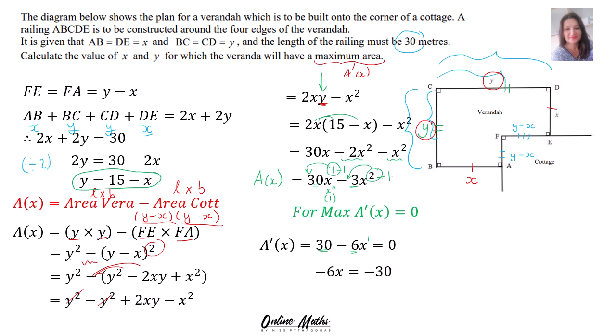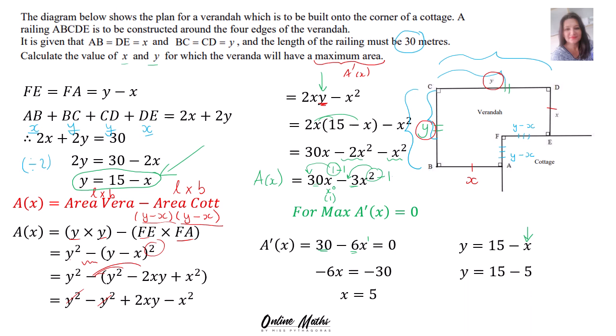And we can solve X. So let the 30 walk across, it becomes negative 30, and then we can divide both sides by minus 6. And we end with X is equal to 5. And then we also need to find, the question said calculate the values of X and Y. So for Y, we will go back to this one, because Y was 15 minus X. And we have just calculated that X is 5.